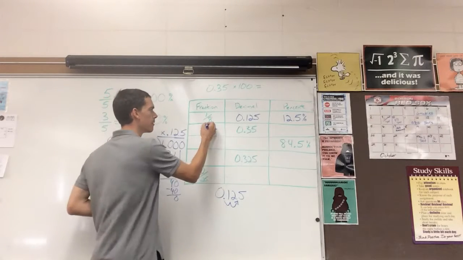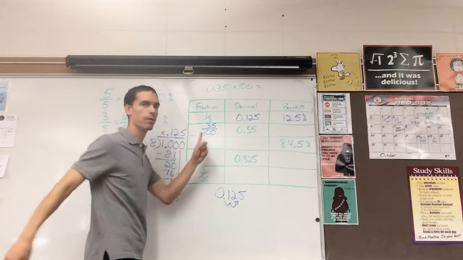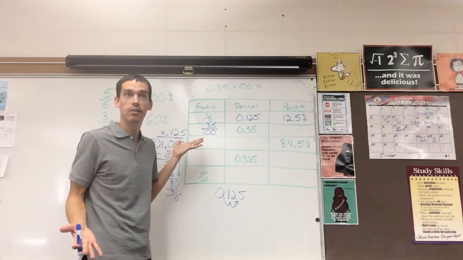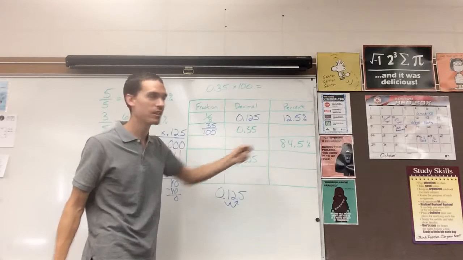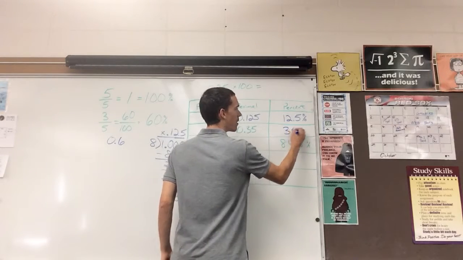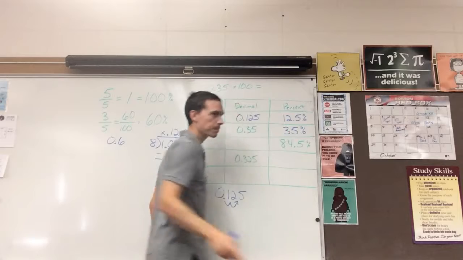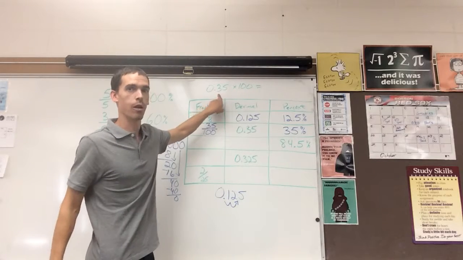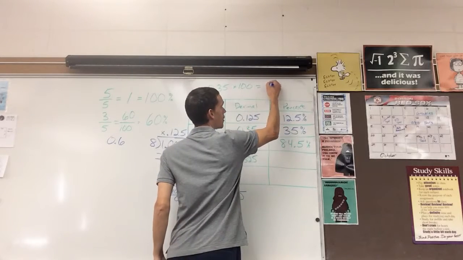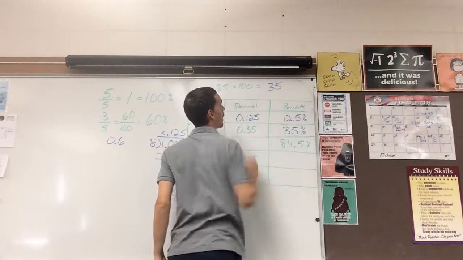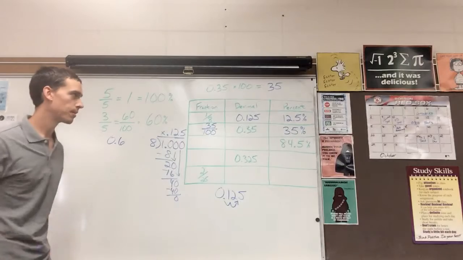It's 35. So as a fraction it is 35 over 100, making this relatively easy from here. It's out of 100 already, so the percent is 35%. Let's check that. 0.35, we multiply it by 100, and we get 35. Okay, so that's our percent.